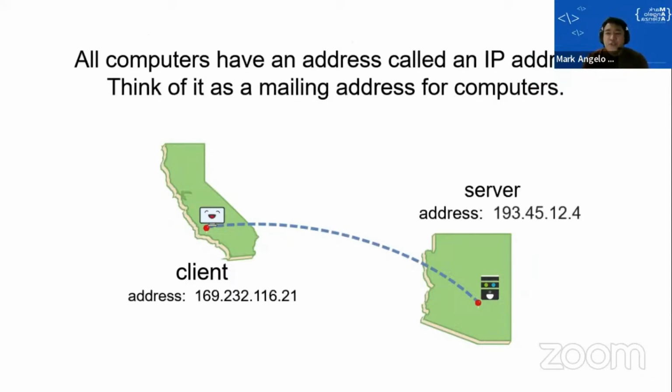Then, all computers, as we know, have IP addresses. We have a specific IP address that is specific only to the unit that we are using, meaning it is unique and will not be the same as others'.